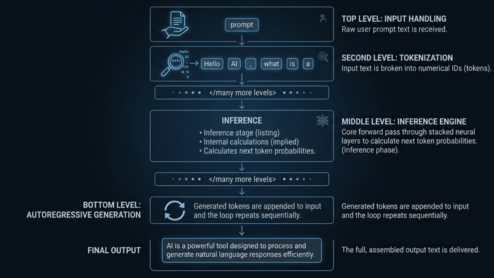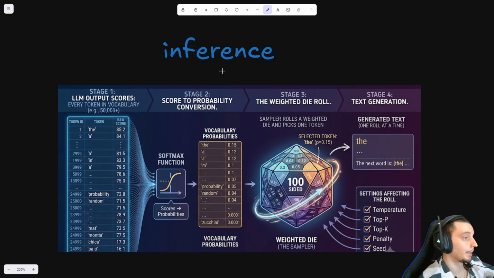So, operations are applied to numbers, and there are many of them at many different levels. They all work together to produce the magic of generating text for you. But today we are interested in one of the last stages of this process, which is the inference.